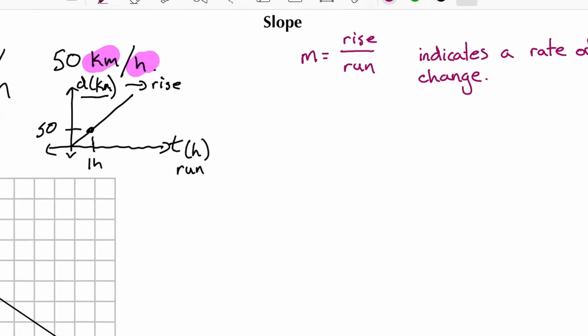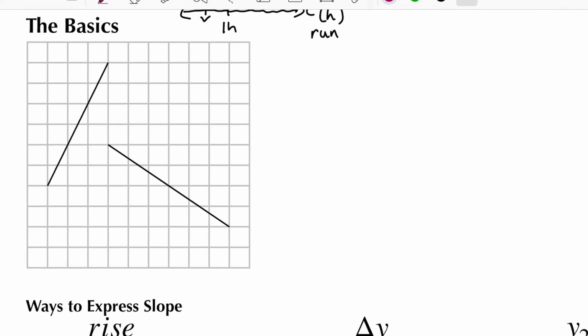But let's take a look at slope in some basics. We have two lines here, and we're going to do the first line right here. We're going to look at the slope of this line. When figuring out slope, we always mark one point on the line, and then we try to choose a second point where the line crosses the grid. And we work from left to right.